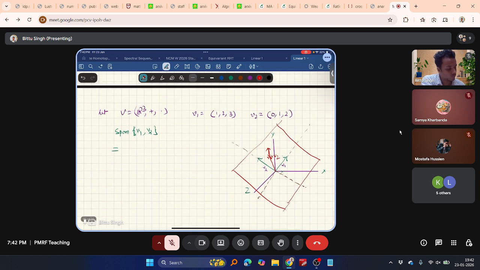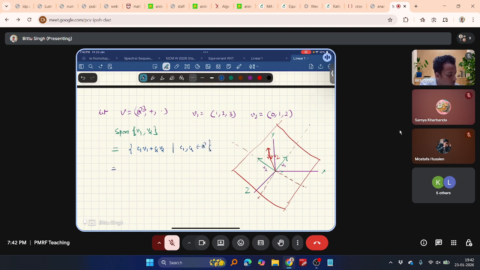But how can we write this mathematically? It will be some c1 times v1 plus c2 times v2, such that c1, c2 both are scalars.